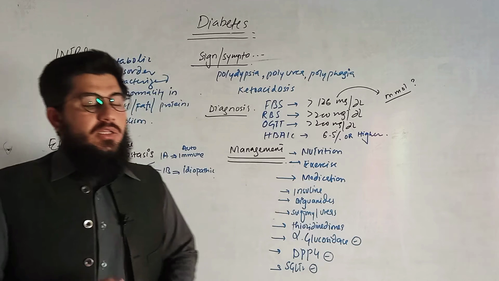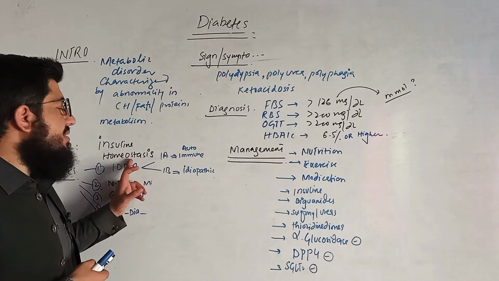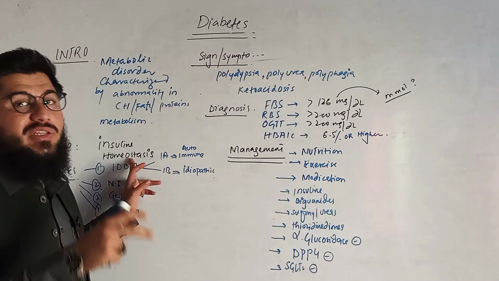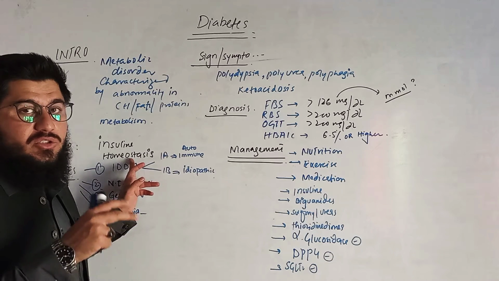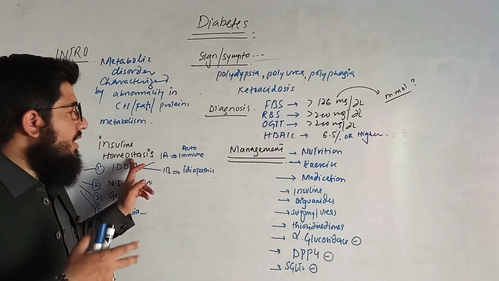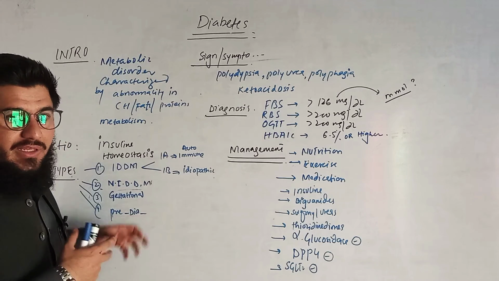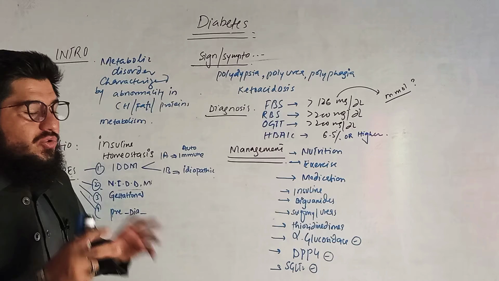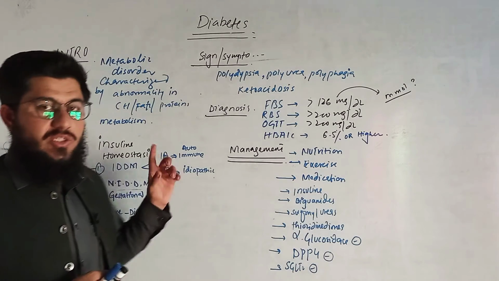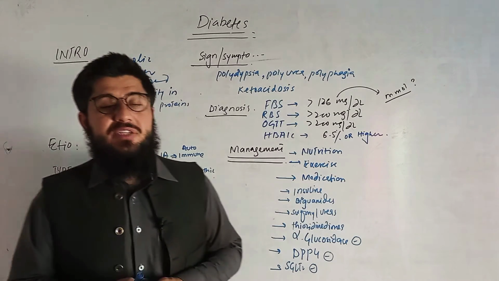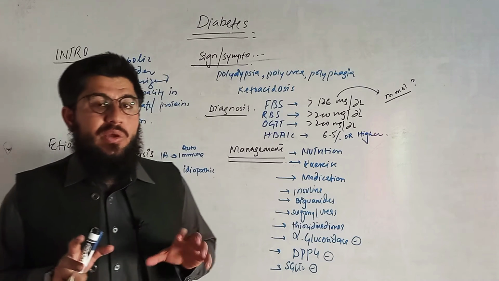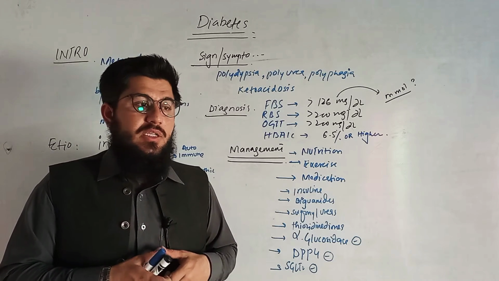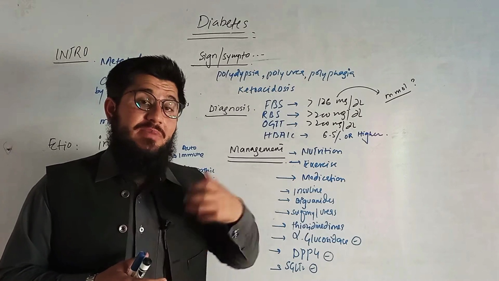Okay. So what is seen here is actually a disturbance in the insulin homeostasis. So insulin is no more homeostatic. Now, according to the types, we will explain this etiology and pathophysiology in brief in the types also. So giving you a briefing according to the insulin homeostasis, what is seen in diabetic patients: we know very well that the pancreas is responsible to synthesize insulin, mainly the beta cells.